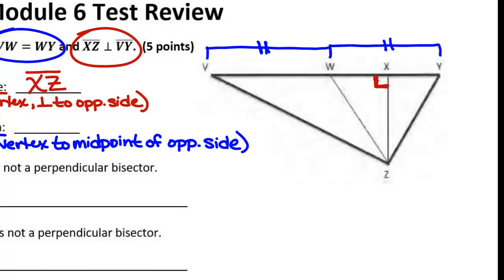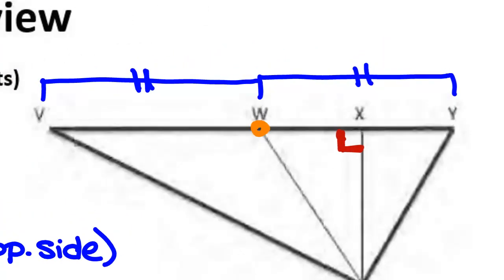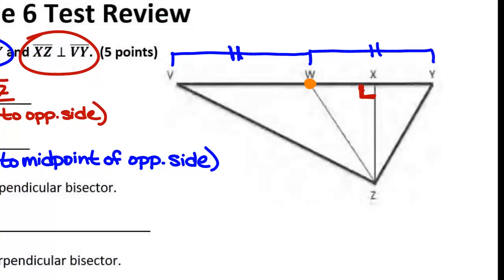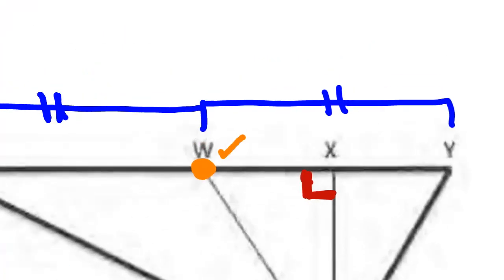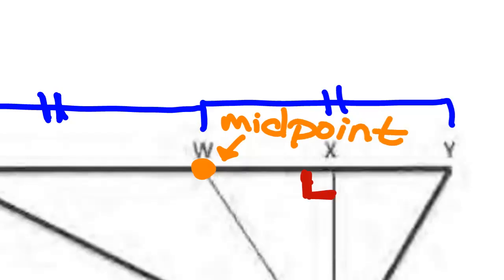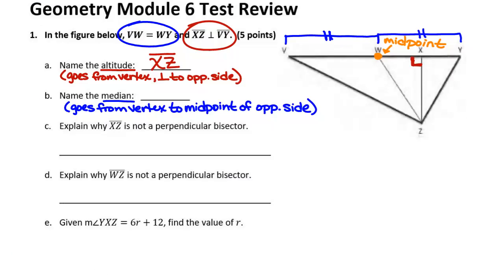Did they say anything about a midpoint, or did they indicate where a midpoint would be? Yes, they did. W. Why is W the midpoint? Yes, VW and WY are the same length, which it told us right here. So that means W is a midpoint. So WZ or ZW would be our median.